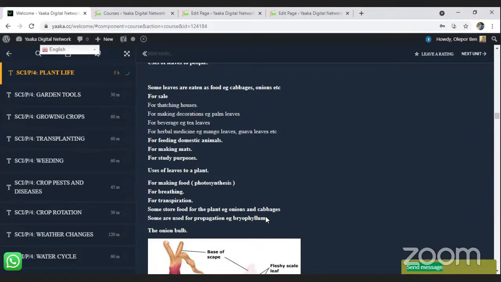They can ask you to mention any one plant which is propagated using leaves. So you simply say bryophyllum. You can divide it into syllables: B-R-Y-O, bryo, P-H-Y, phyl, L-L-U-M, lum, bryophyllum. The word is bryophyllum, as simple as that.